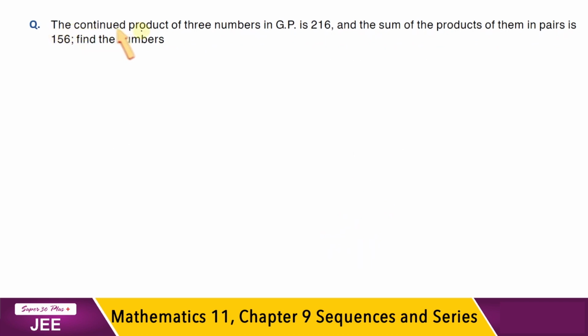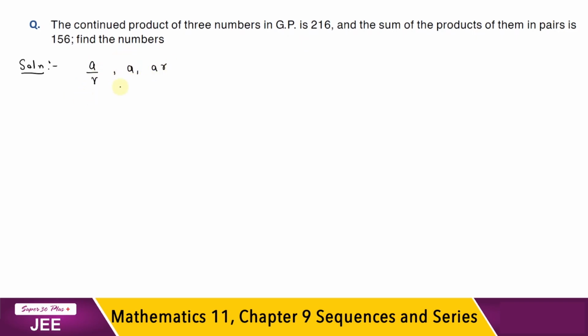It says the continued product of three numbers in GP is 216 and the sum of the products of them in pairs is 156. Find the numbers. So let's begin with the solution part. Since we have been told about three numbers in GP and the continued product is given, as I have already told you, you are going to consider the terms as a by r, a and ar.